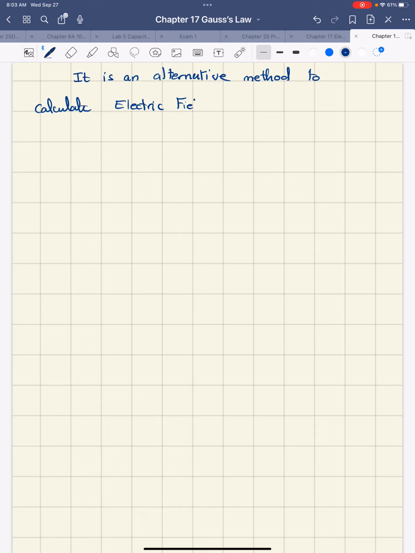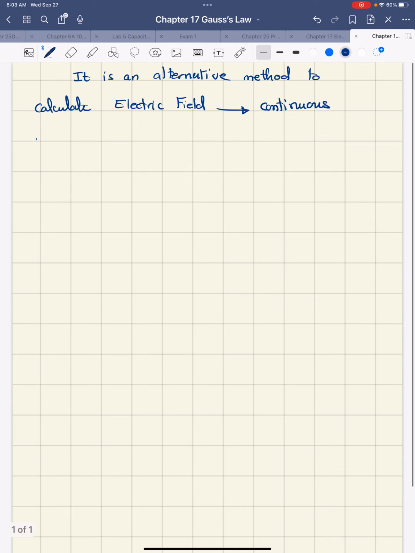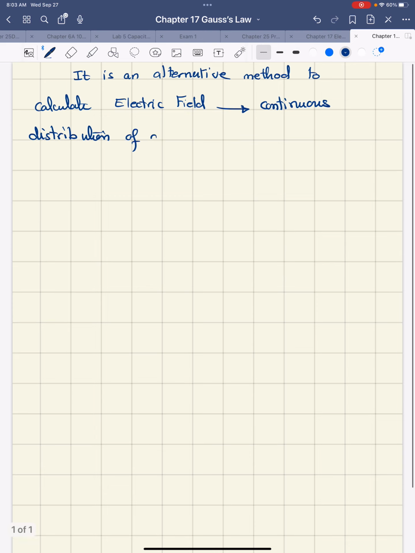And actually it is mostly used with continuous distribution of charge, which means, let's say you have a rod or sphere or a sheet that has charges on it.